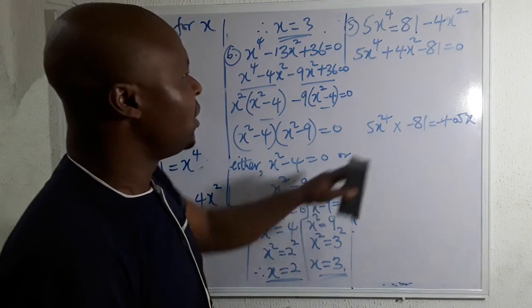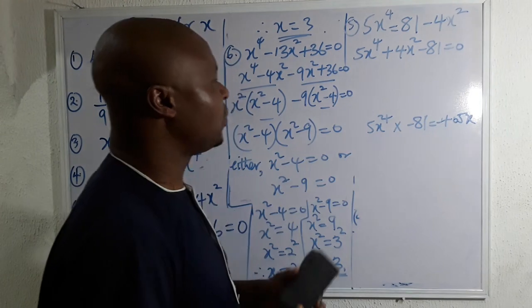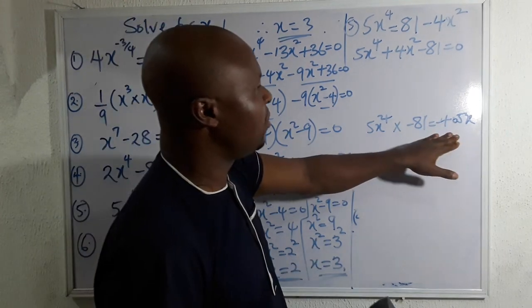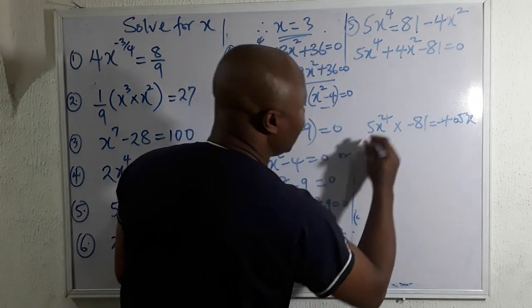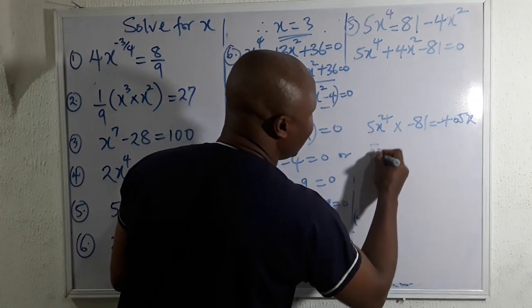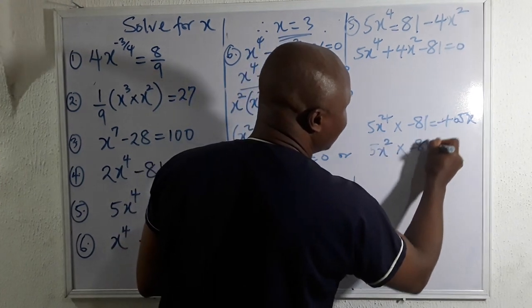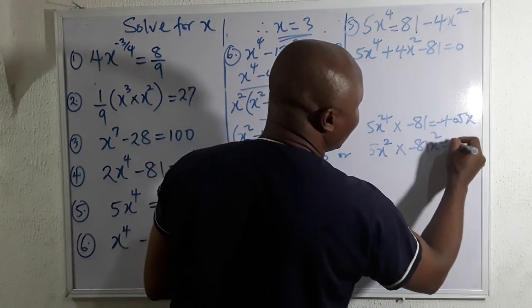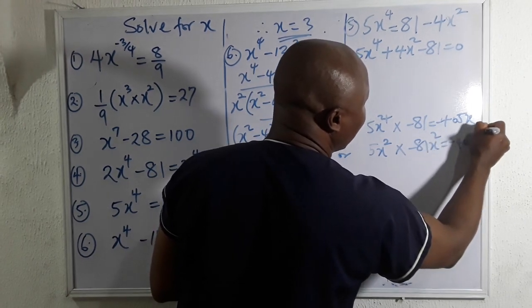Now, if you look at this, what two terms are we going to multiply so that when we add them, what two terms in x squared? Now we can write this as, say, 5x raised to power 2 times minus 81x raised to power 2. That will also give us minus 405x raised to power 4.